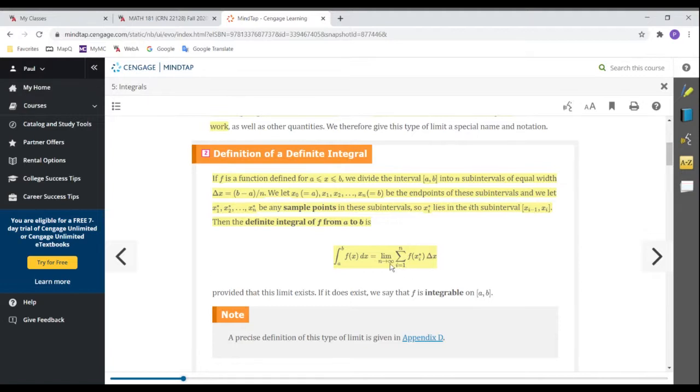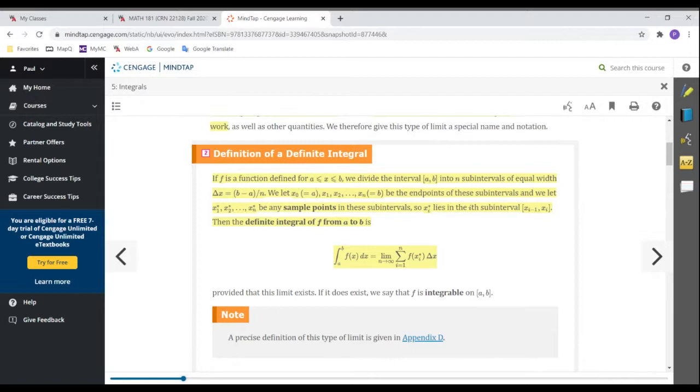Okay, but this is what we're trying to do now. We were adding up the areas of rectangles so we can approximate the area underneath the curve.